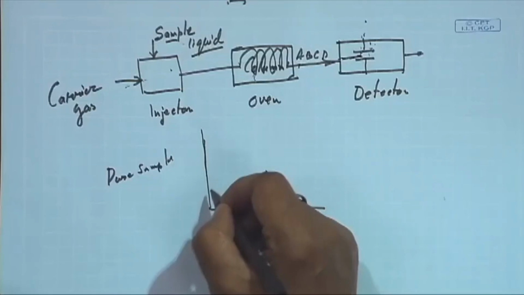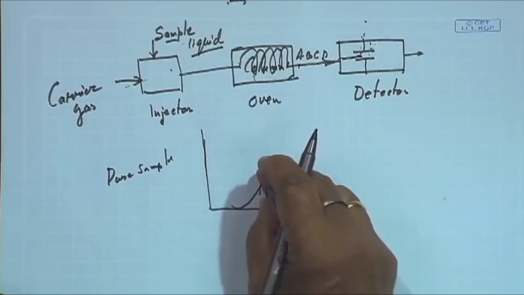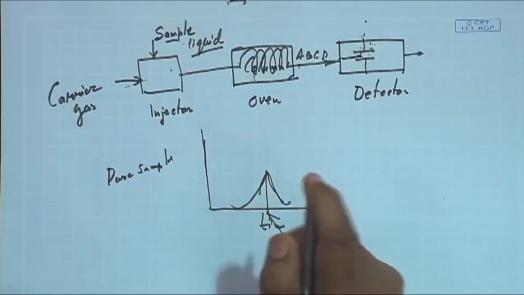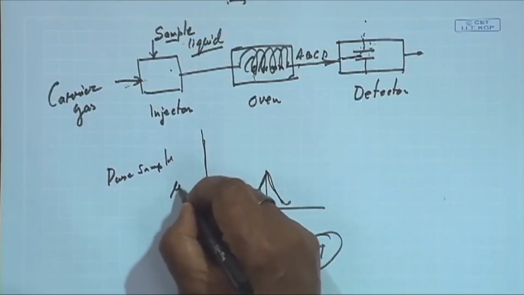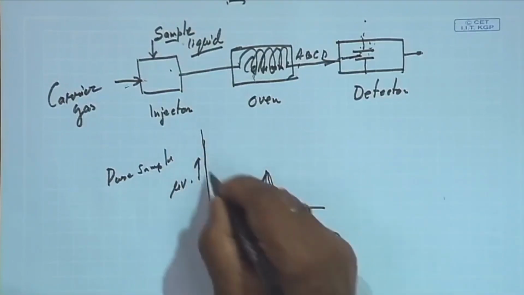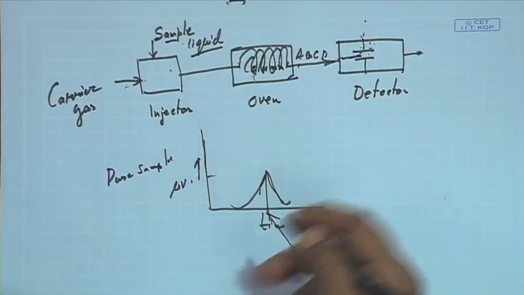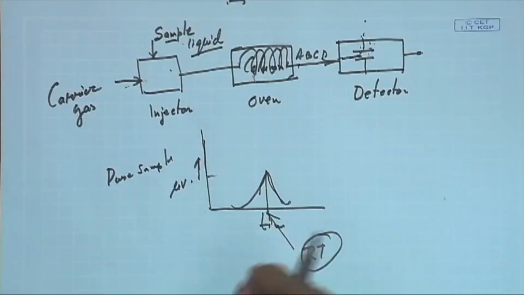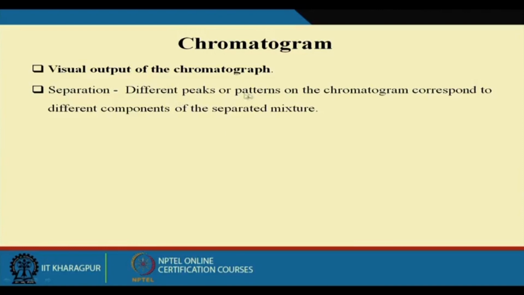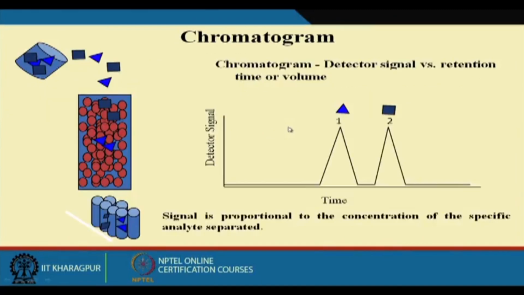This voltage we correlate with the concentration of the different components present in the reaction mixture. So maybe we have some microvolts here, and the change of this we correlate with the concentration of the component present in the sample. This is the visual output that we have. The different peaks and the pattern of the chromatogram correspond to the different components of the separated mixture.